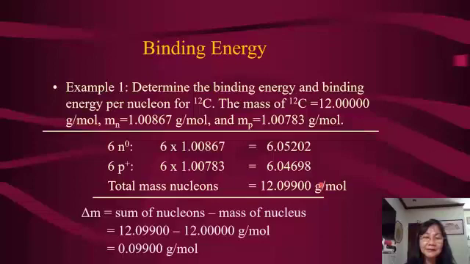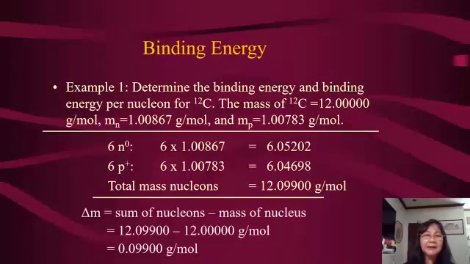Considering the mass of 1 mole of carbon nucleus, that is equal to 12 grams, so there is a slight difference. Although it is very slight, it is very significant. 12.099 minus 12.00 is equal to 0.099, and that is the change in mass, or the mass defect.